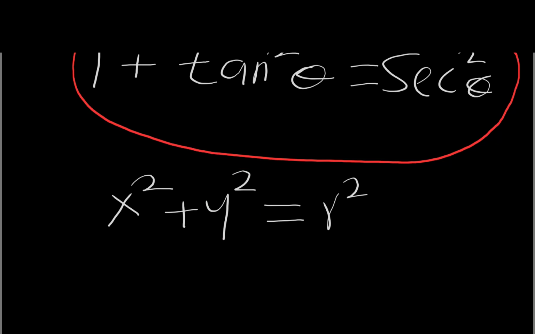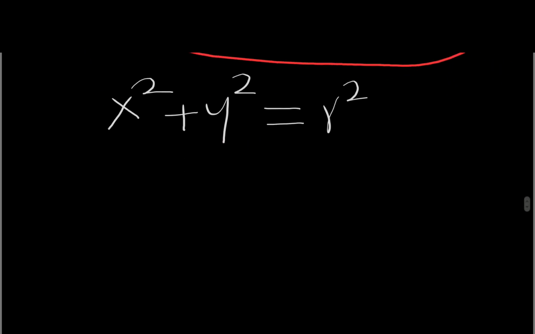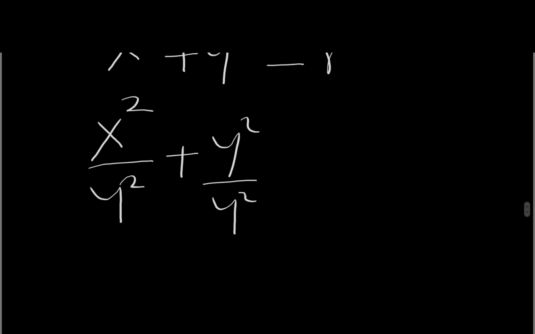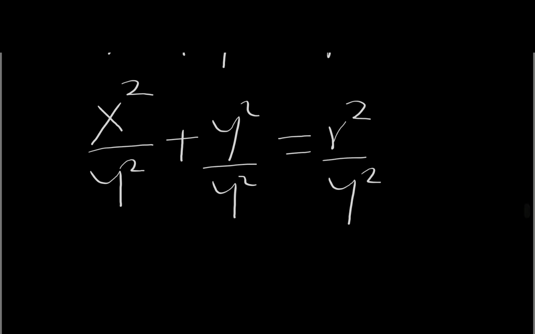So if we do that, we are going to have x squared divided by y squared plus y squared divided by y squared, and this will be equal to r squared divided by y squared.